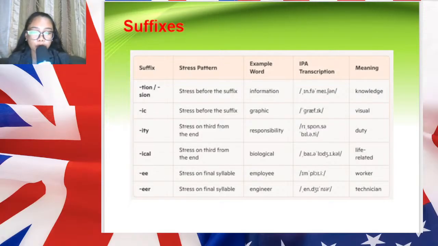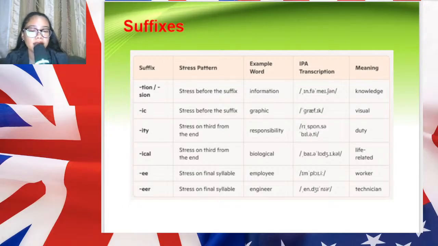Because again, the rule for suffix ick is that we stress before the suffix. We stress before the ick. And the one that is before ick in the word historic is tor. Okay? Another word with three syllables would be athletic. Okay?